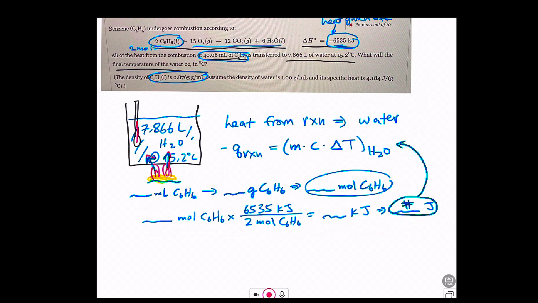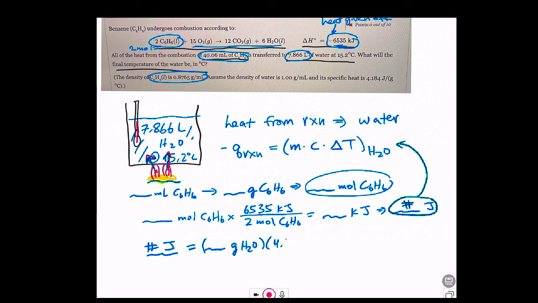So we can now say our number of joules, whatever that turned out to be, is equal to the mass of the water. Well, we know the liters, and water has a density of 1.00 grams per milliliter. So make sure you do the appropriate conversions to get grams of H2O from your liters.